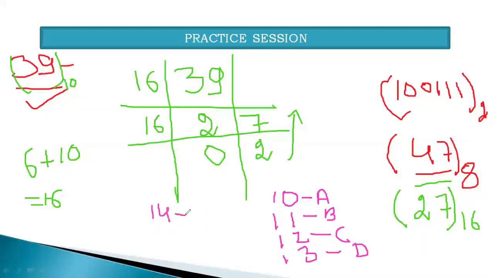For 14, it will be E, and last will be 15. For 15, it will be F. We will see how this will be written as the remainder and how this hexadecimal number can be reconverted into a decimal number in the next class. This is all for today's class. Hope you must have noted down each and every part.